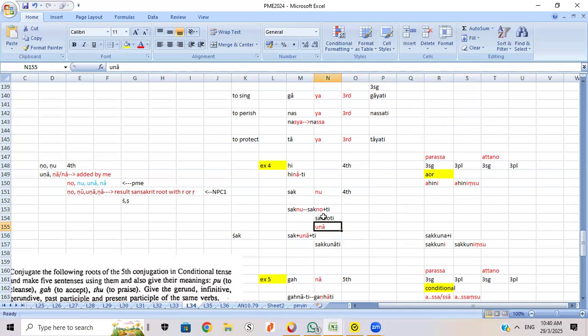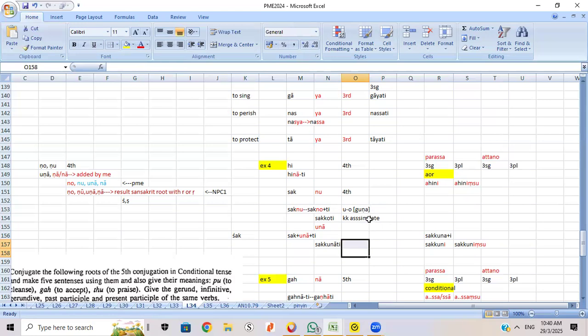So what happened in Pali after strengthening is that this one assimilates. The K assimilates. The U and the O is what do you call it? Is guna. The U and O is guna. The K, you see that this is assimilated.